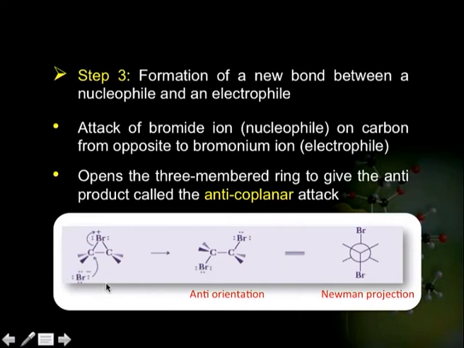We should observe that here the three-membered ring opens up to give the anti-product, called the anti-coplanar attack. Because this is a planar molecule, there was a bromonium ion and the bromide ion has attacked from the opposite side, therefore we call it anti-coplanar attack, which results in the formation of the corresponding alkyl halide.